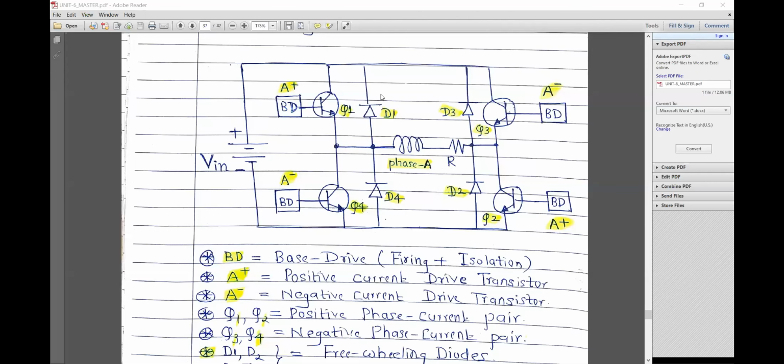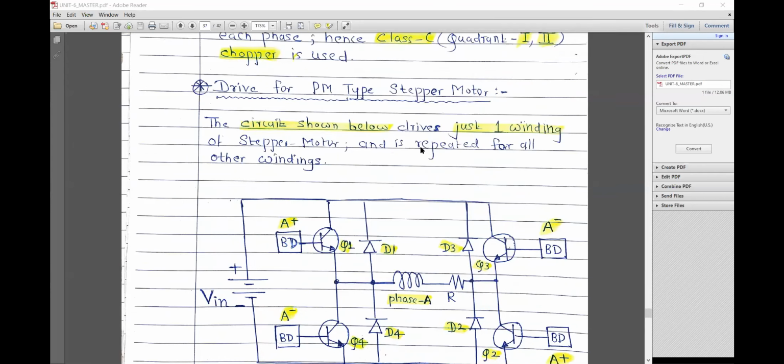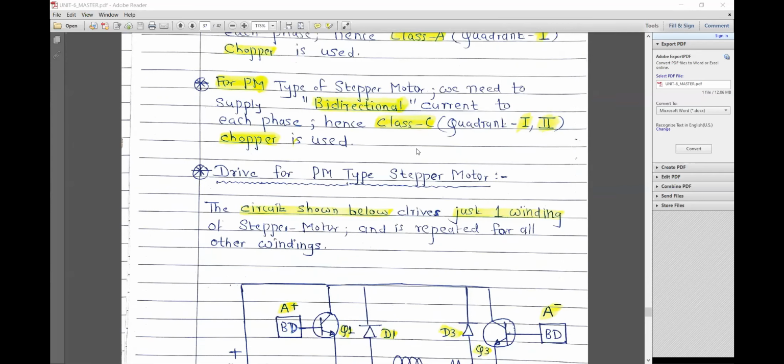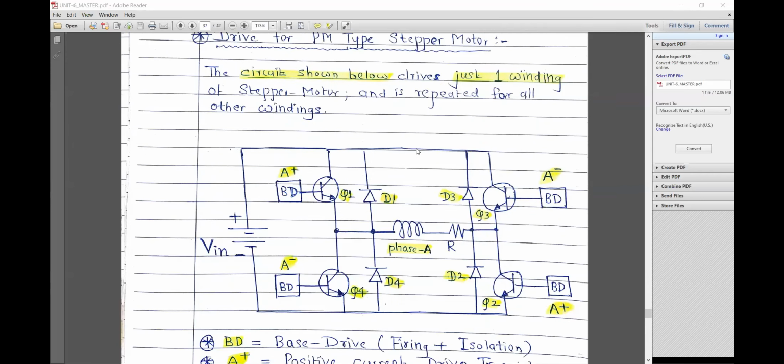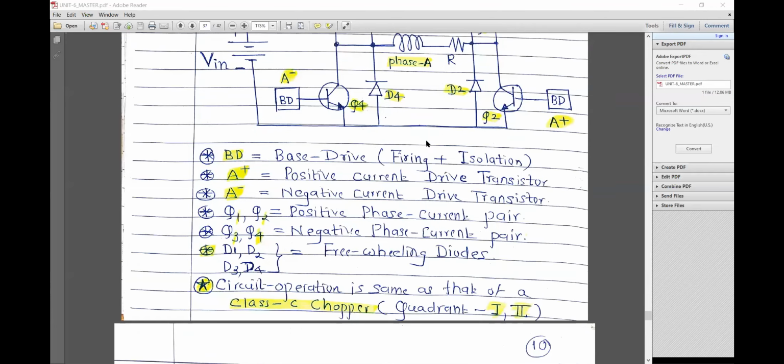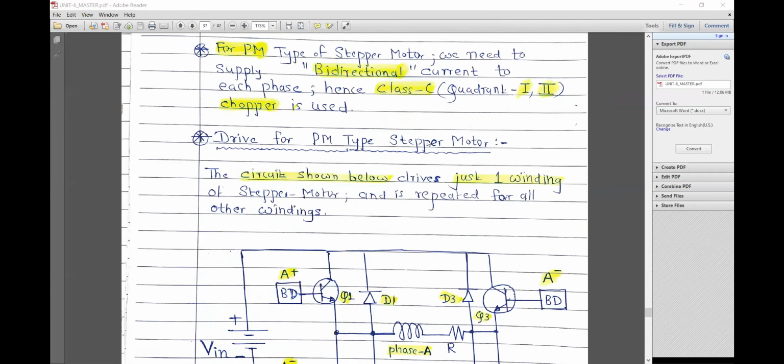Yes, sir. Very good, right? So in essence, for running a permanent magnet type of stepper motor, we need both positive and negative currents, and load voltage remains positive. So only class C chopper can give you that. So I've written here, circuit operation is the same as that of class C chopper, that is quadrant 1, 2. Okay, is it clear now? Stepper motor drive.